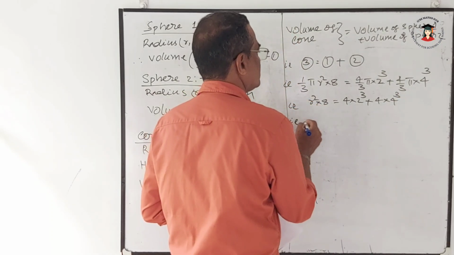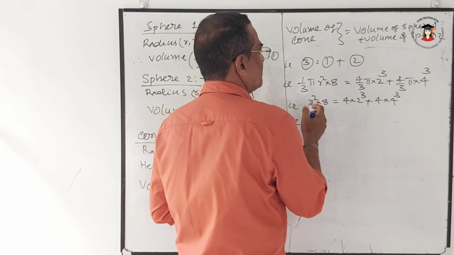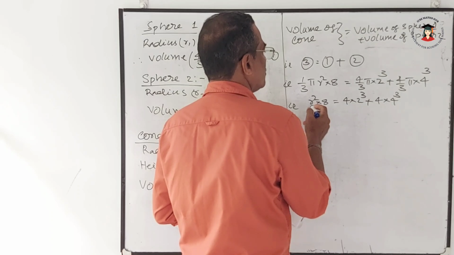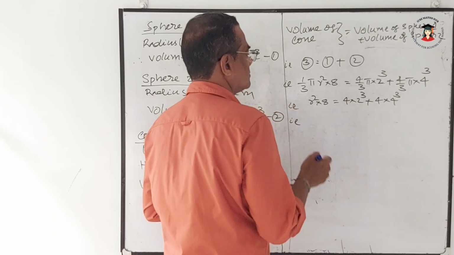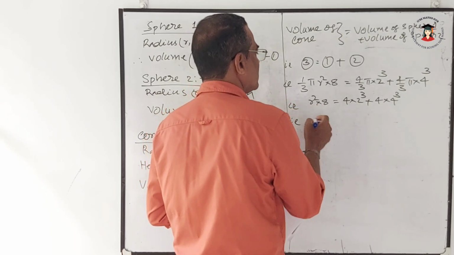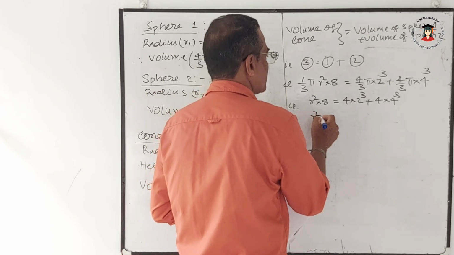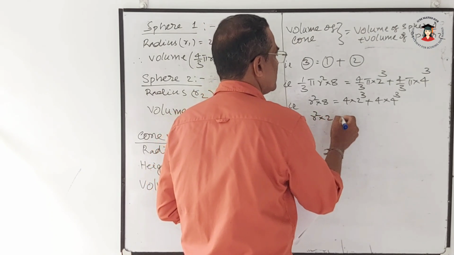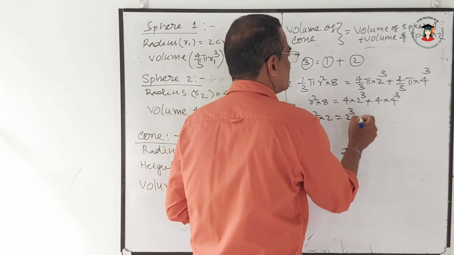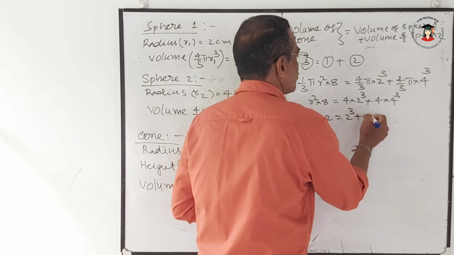I can divide by 4 again. Dividing by 4 will give you r square into 2 equal to 2 cube plus 4 cube.